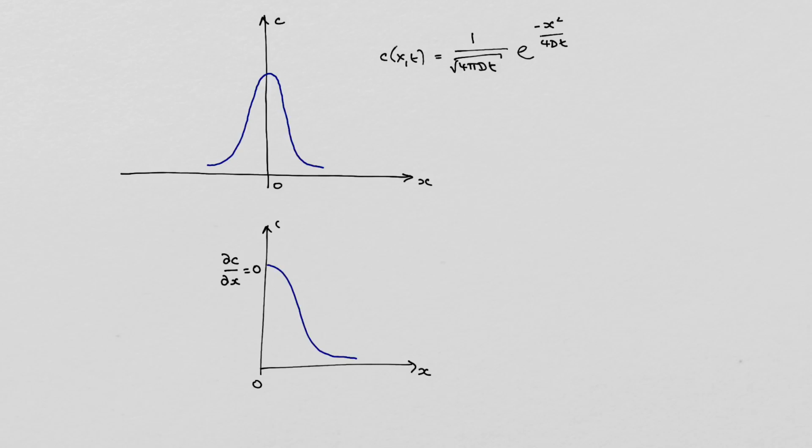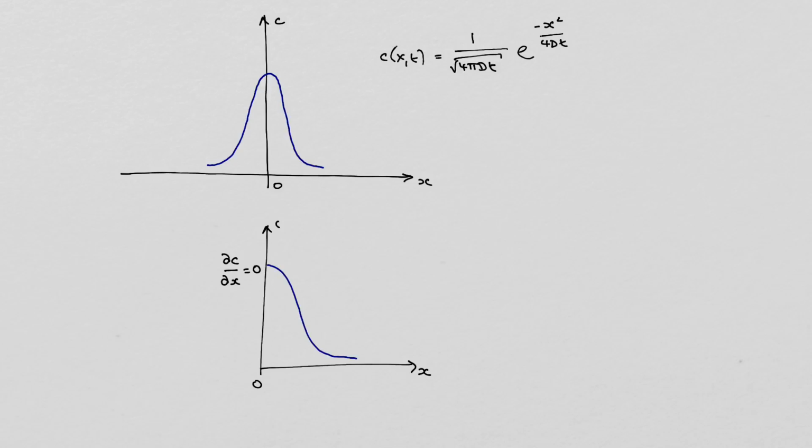And the point is, this fundamental solution that I've got here satisfies the diffusion equation in this domain, and by its symmetry it also satisfies the fact that its first derivative is 0 at that point. And therefore actually this must be the form of the solution to this problem as well.